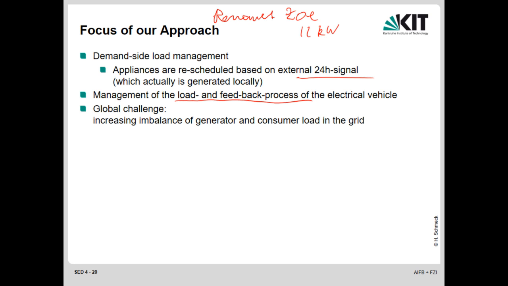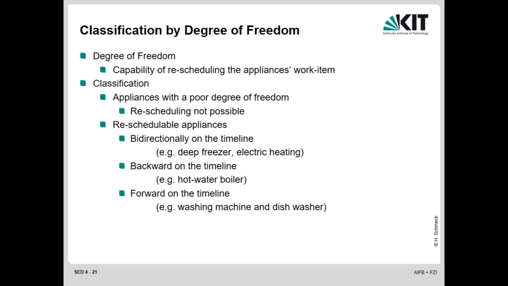You have to ask the utility, the Stadtwerke, to allow you to install special equipment providing that. So this is extra load, and we have to cope with that.